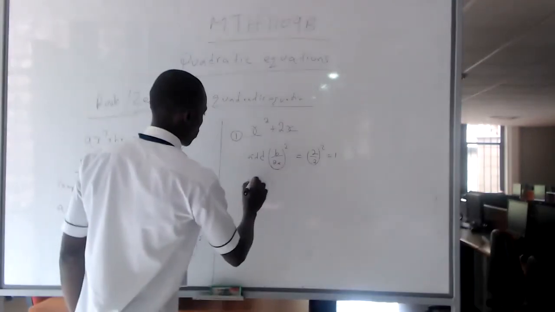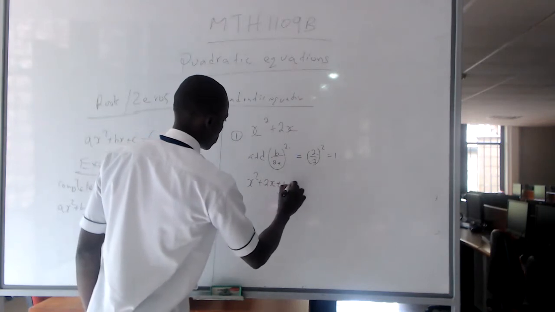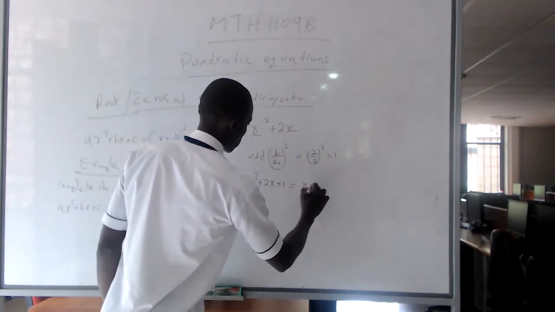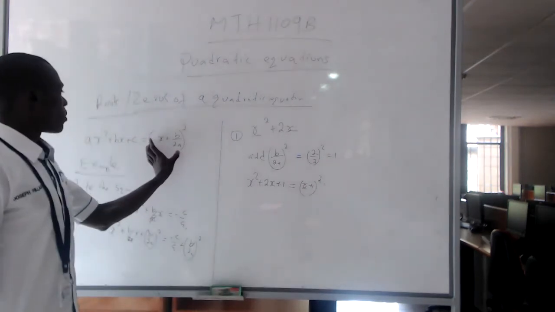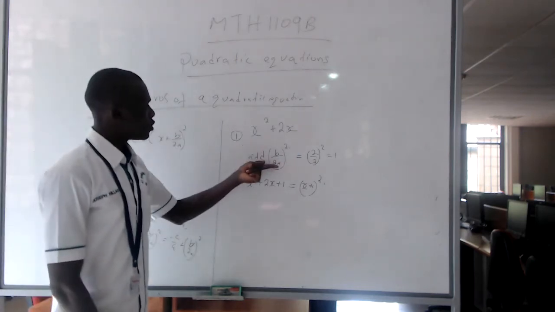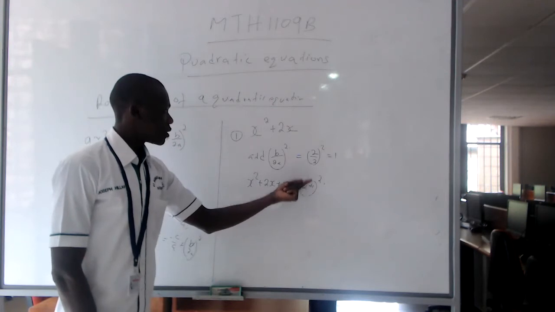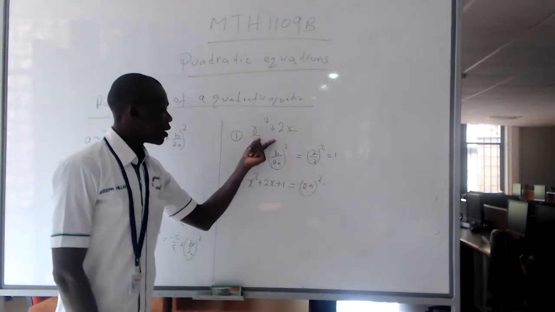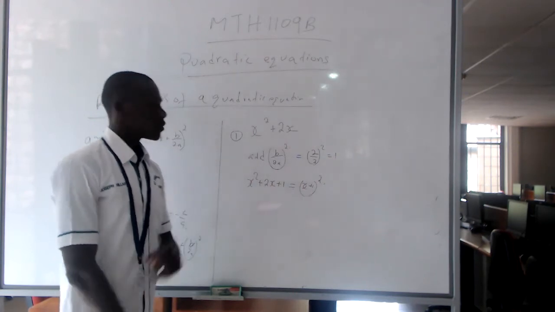So x squared plus 2x, if I add 1, gives me (x plus 1) squared. Remember this formula, it should become (x plus b divided by 2a) squared, which in this case turns out to be (x plus 1) squared.